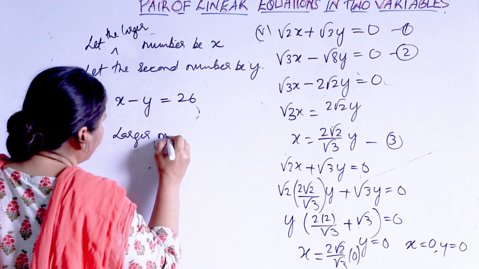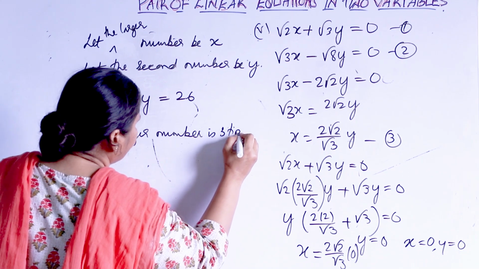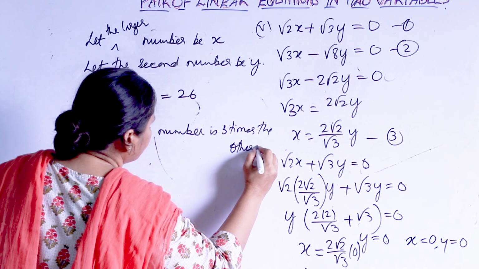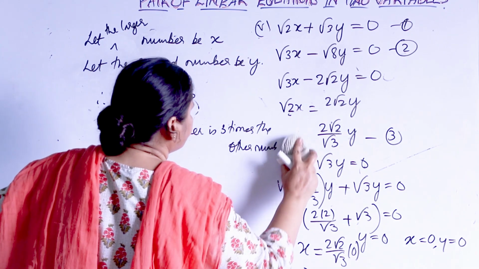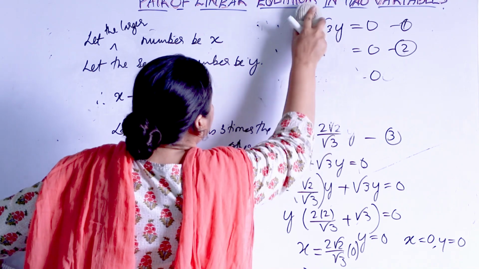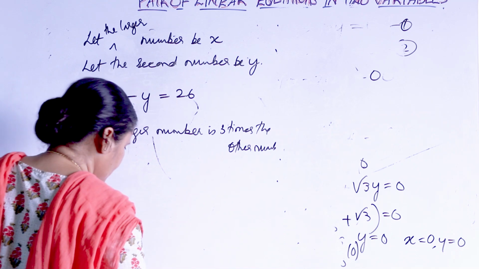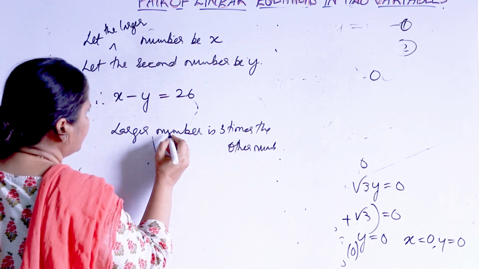Larger number is 3 times the other number. Let me clear the board. Larger number is 3 times the other number.